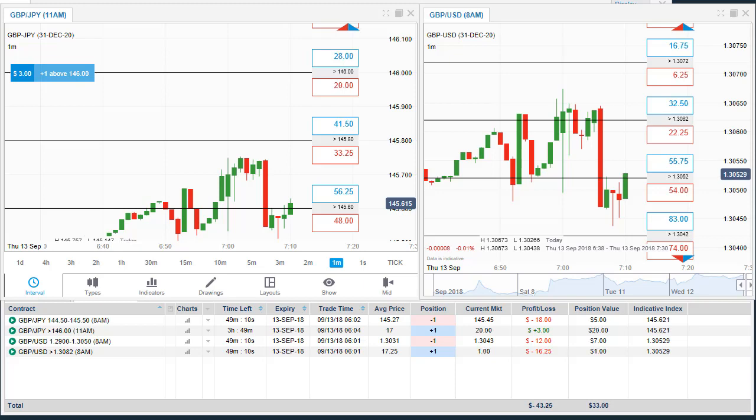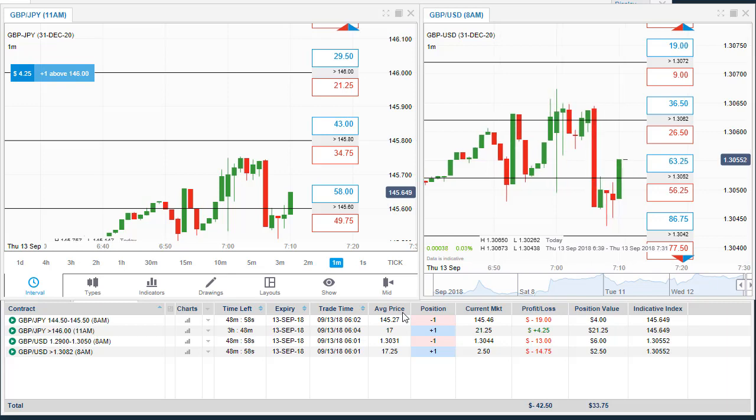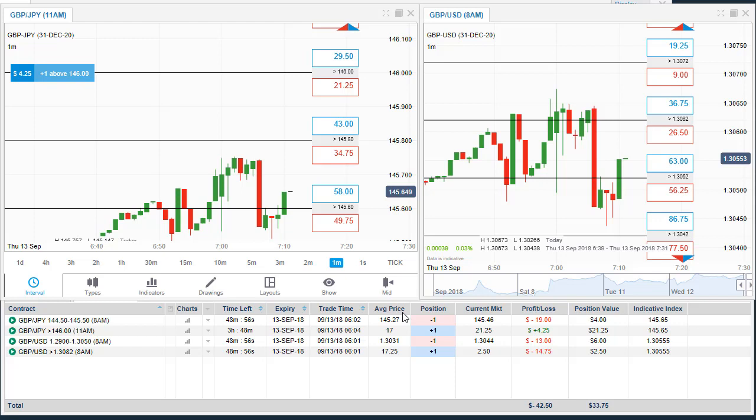Then again, you could have a spike up and make money on both of the binaries, in which case you've got 150, but you lost 50 on the spreads, okay, well, you still come out with 100. There are all different kinds of ways that this can actually work out in your favor.